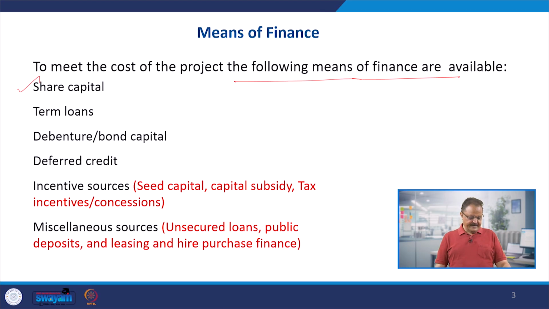Then we have the deferred credit, right? Deferred credit is something like when we buy plant and machinery, for fulfilling the long term assets requirement in the firm. When we buy assets from companies, for example some companies supplying us technology or plant and machinery or furniture or vehicles, or some other important fixed assets, long term assets.